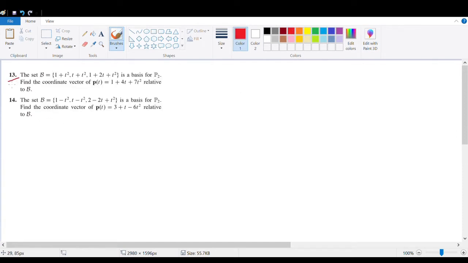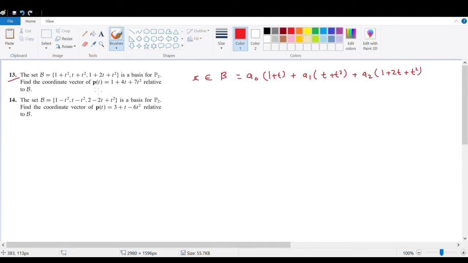In 13, the set B is given by 1 plus t squared, t plus t squared, 1 plus 2t plus t squared. It is a basis for P2. Find the coordinate vector of p(t) equal to 1 plus 4t plus 7t squared relative to B. So if our basis is this one, for any x we can rewrite it as a0 multiplied by (1 plus t squared) plus a1 multiplied by (t plus t squared) plus a2 multiplied by (1 plus 2t plus t squared).